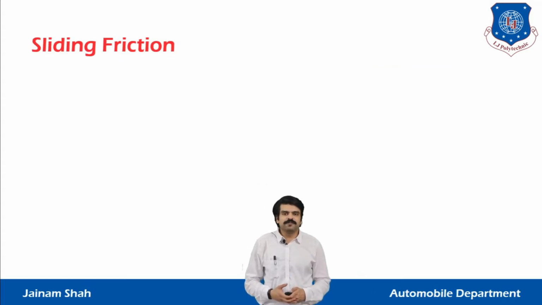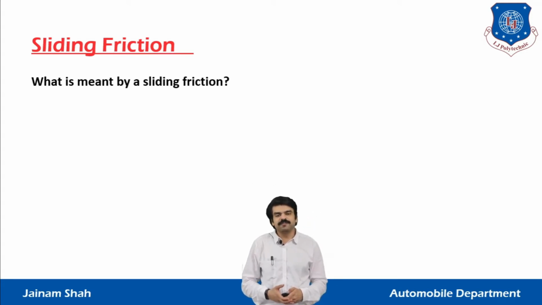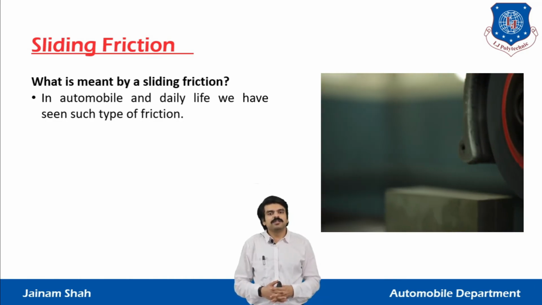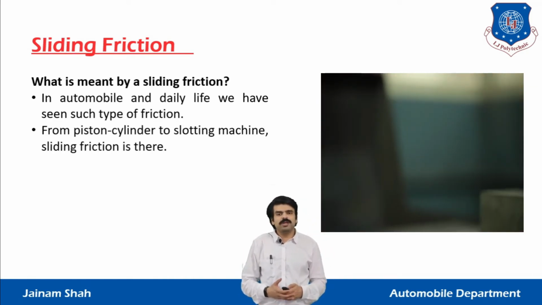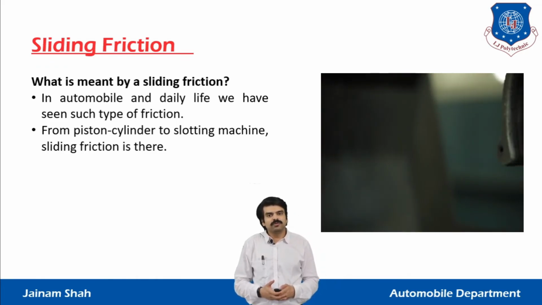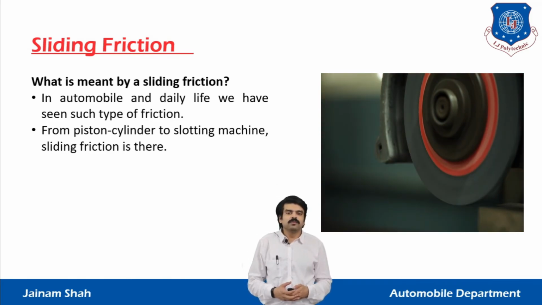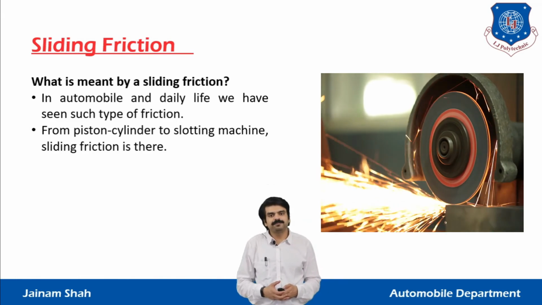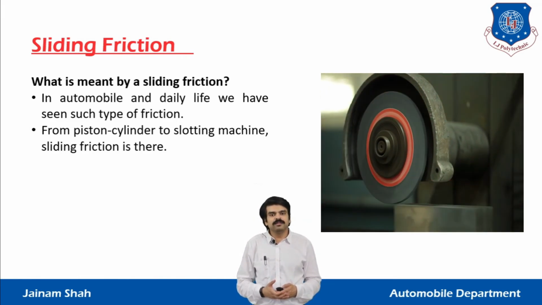Let's talk about sliding friction. What does sliding friction mean? Sliding friction occurs when one body slides over another body. In automobile engineering, we see this type of friction in the piston and cylinder, and in valves and their stems.